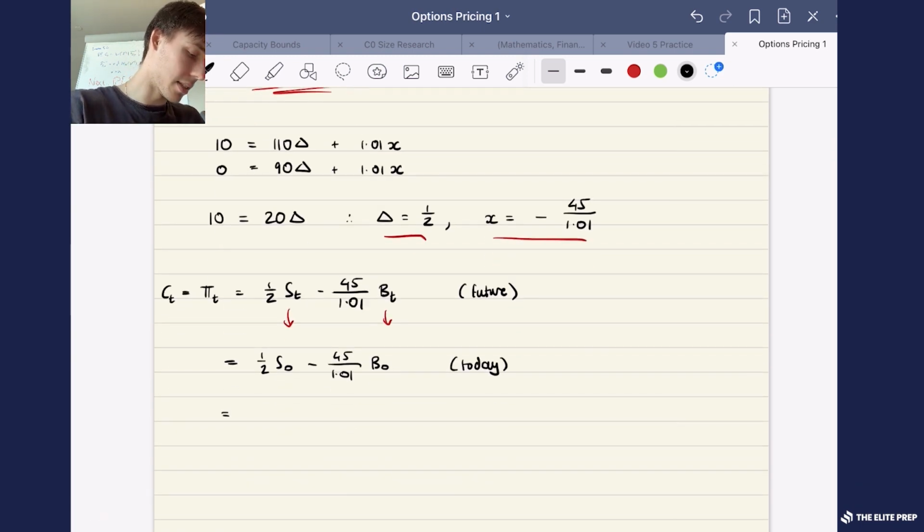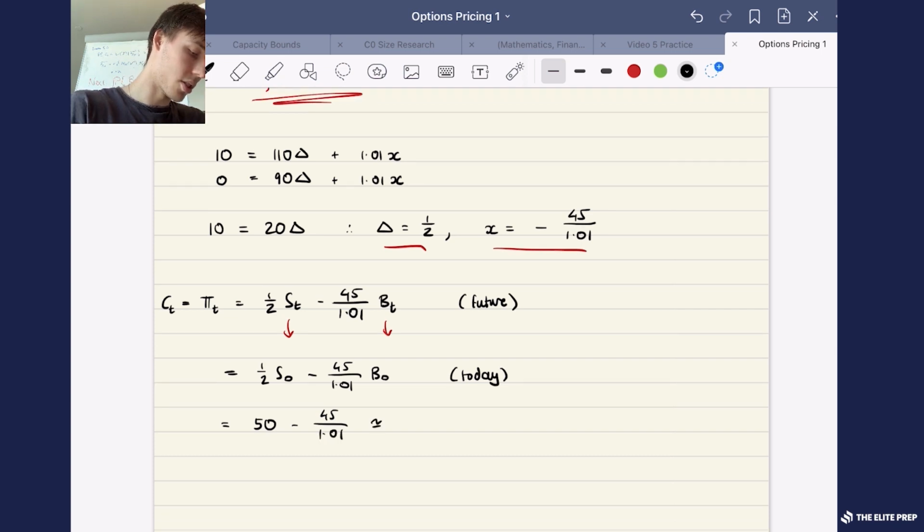So that means this is equal to 50 minus 45 divided by 1.01, which is approximately equal to 5.4. So our call option, and PT is P0. So our call option at time 0 must be equal to 5.4.